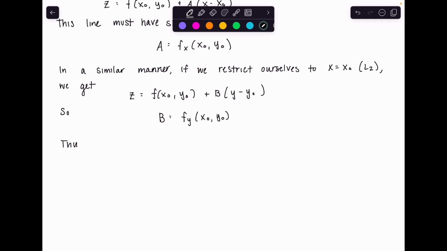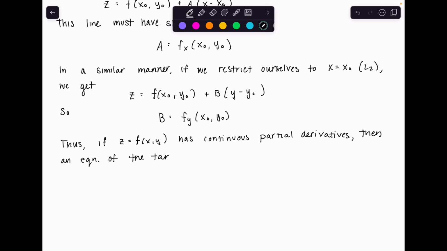So what we ultimately get is if z is a function of x and y, this has continuous partial derivatives, then an equation of the tangent plane at the point x naught, y naught, and then the z coordinate is the following.